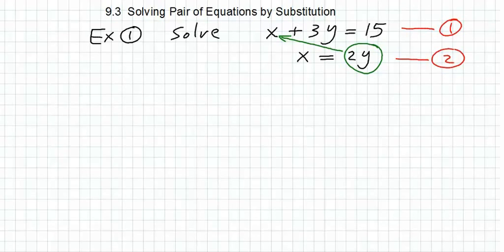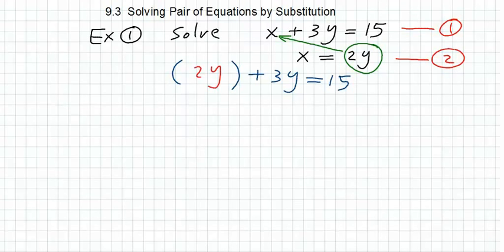So, we will write the first equation, x plus 3y equals 15. But instead of x, we will write the value of x, which is 2y. So now we substituted equation 2 in equation 1.